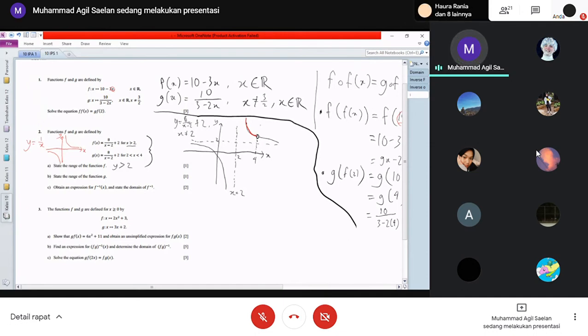So yeah, and so what is the range? You can check to the y-axis.